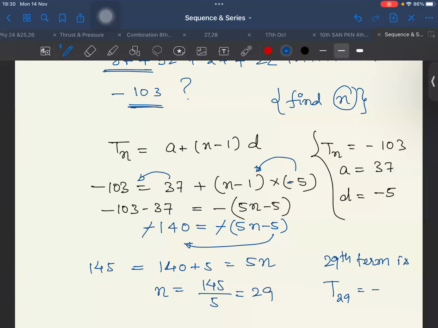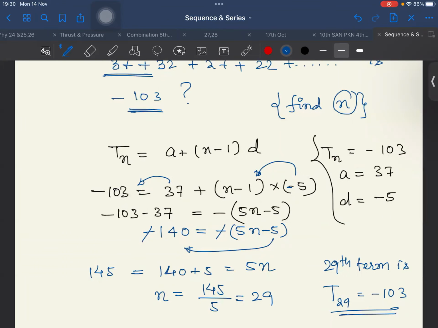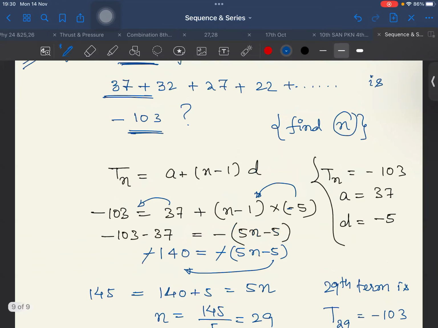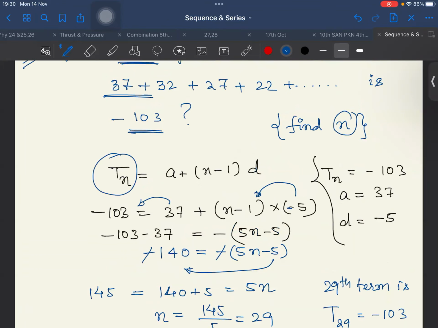Okay, got it? See, is anybody having doubt about why Tn is equal to minus 103? This is the last term. This is the series that we are writing, right? This equation is for the series and the series ends here. So whatever the value of n we got, n as 29, will be the last value of n for the series, the last number of terms.